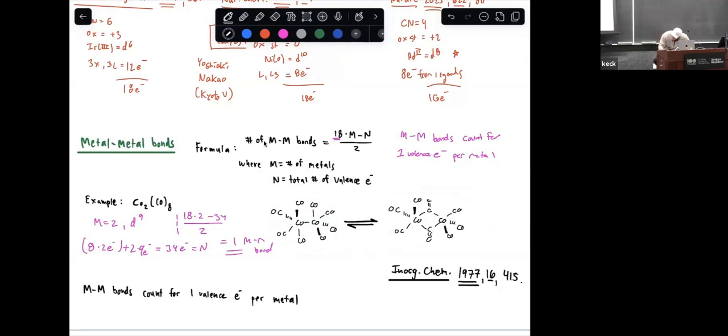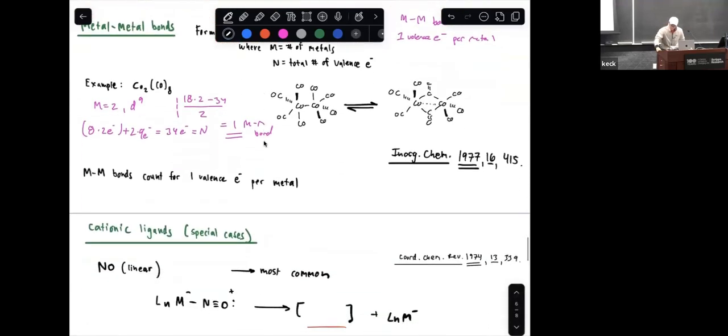And whether in this state there's a metal-metal bond is the topic of some debate and study. Okay, any questions on that?